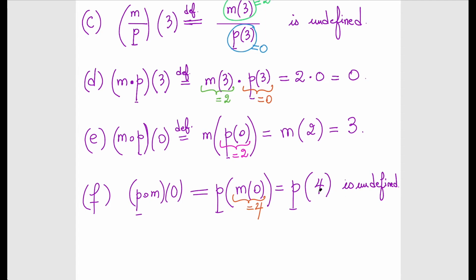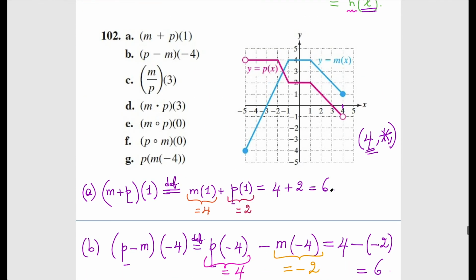Let's consider a hypothetical situation. What if instead we had, let's say, maybe I should stick to the same color. Let's suppose that the function p makes this dance, and at 4 it makes a jump from this piece of the graph all the way to here. So let's suppose that this guy is actually on the graph of p.